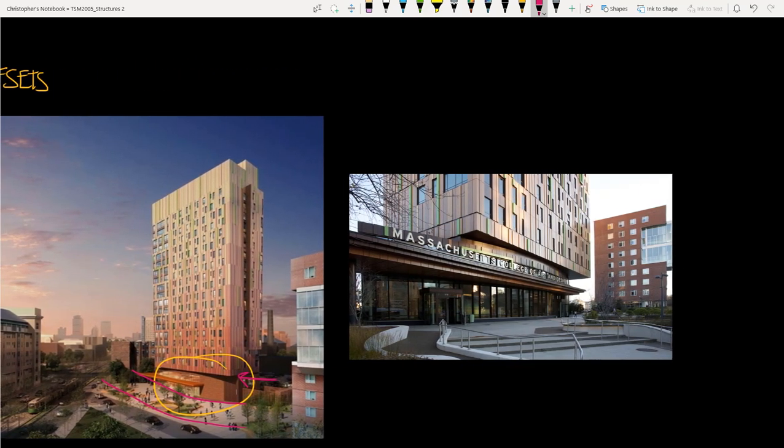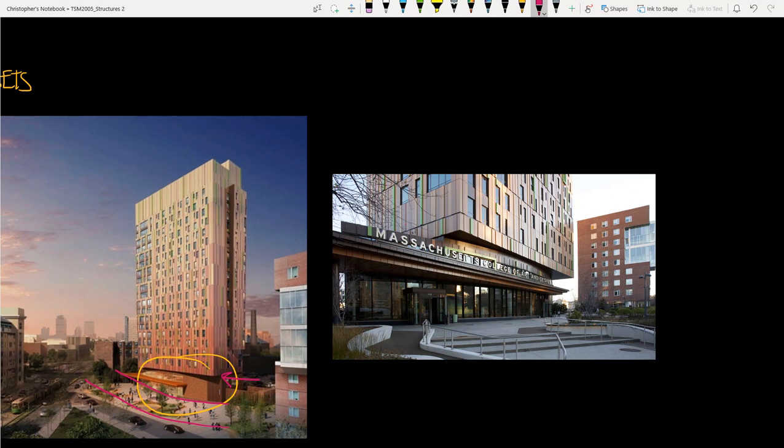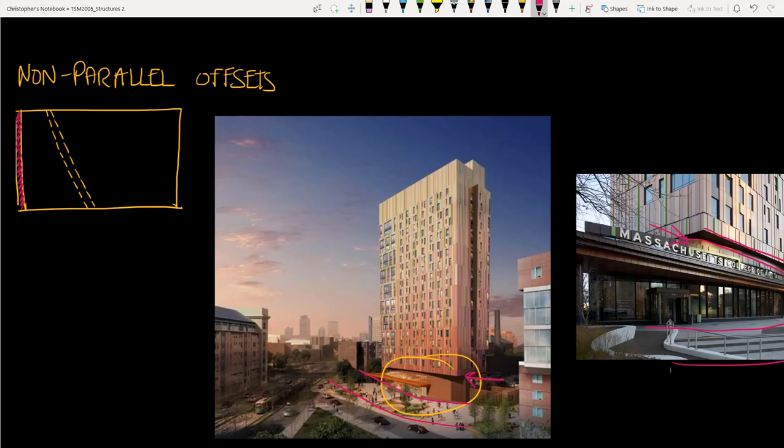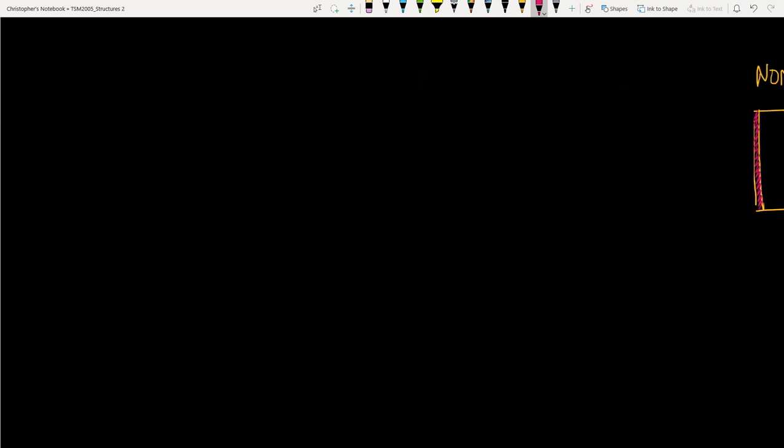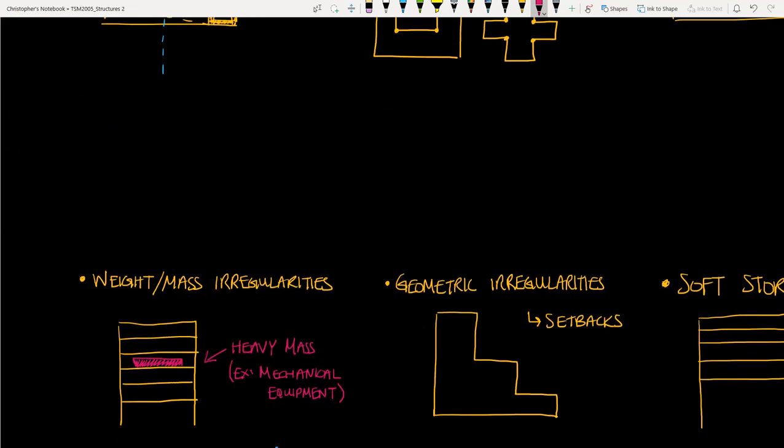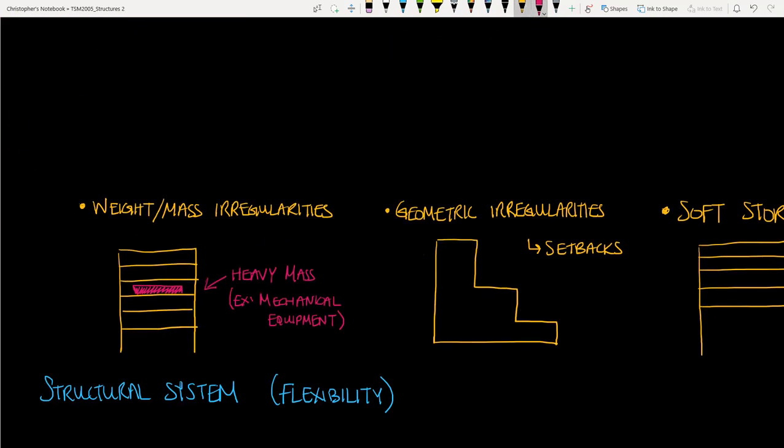Or if we look at that a little more closely, here at this level, we are transferring our lateral system and our gravity system from this line to this line. Thanks to some very clever engineering, the team was able to achieve this very unique and beautiful building while also keeping away from the sewer easement underneath the ground. So that covers all of our plan irregularities, and in the next video we will be discussing vertical irregularities and the remaining parameters that control seismic loading.